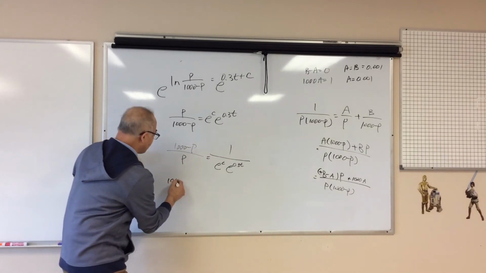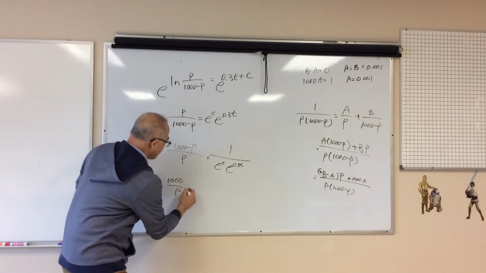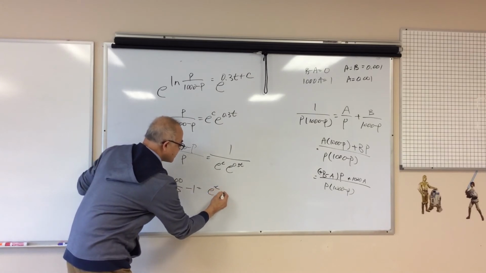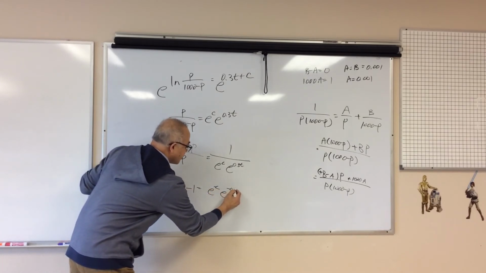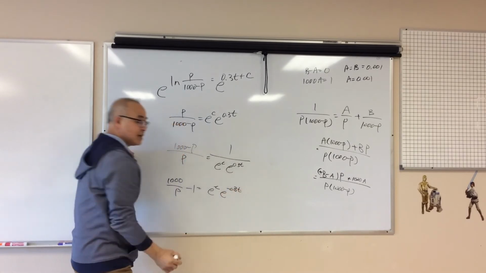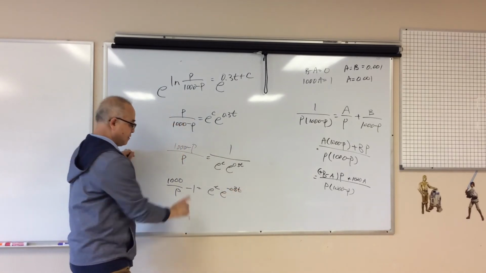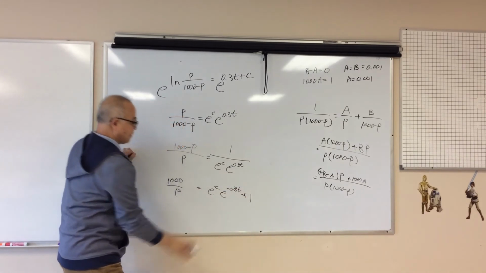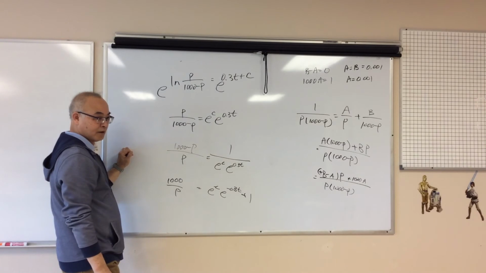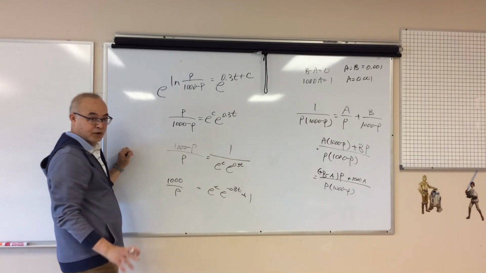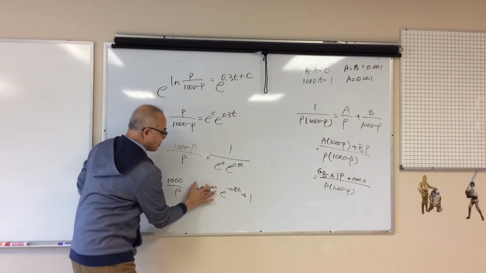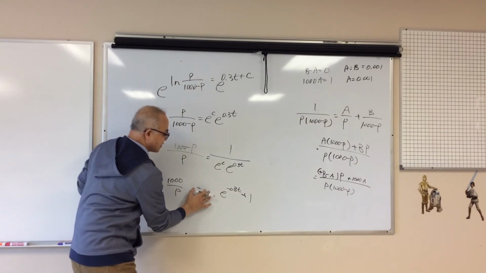So this is what ends up happening. 1,000 over P minus 1, E to the negative C, E to the negative 0.03 T. Are these guys absolute value? The 1 moves over. Are we good? You following so far? And this just becomes a constant, correct?